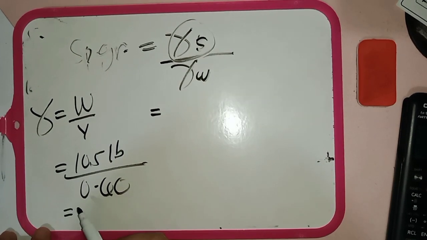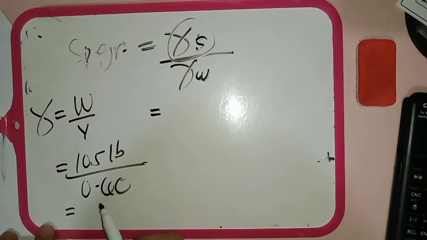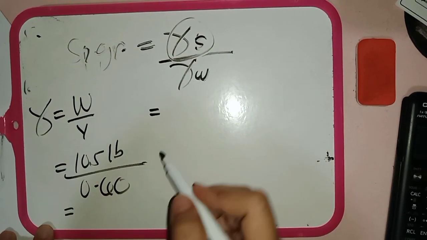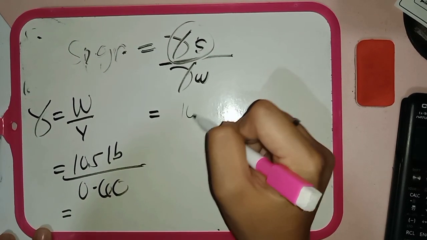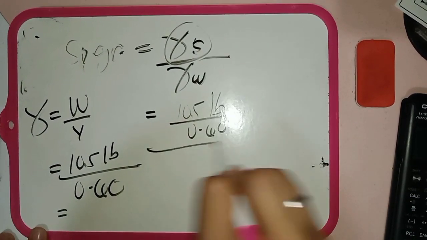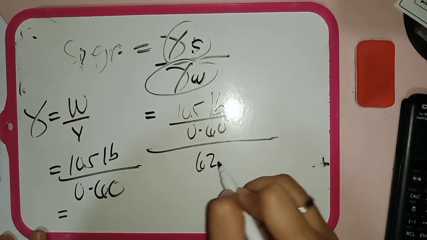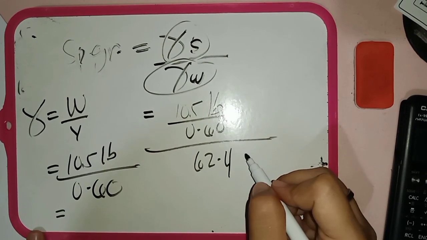So let's compute. We put 105 pounds over 0.60, divided by the unit weight of water, 62.4, since it is in English units.